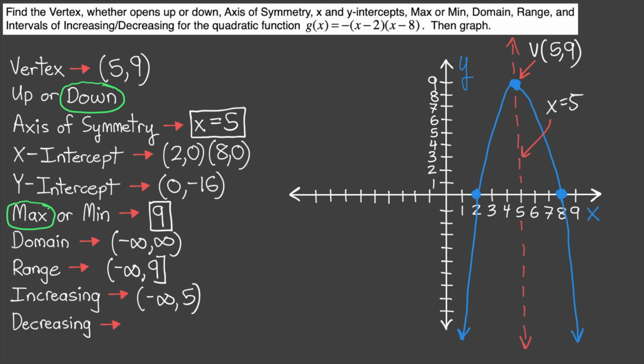And then it decreases starting at 5, and it goes down and to the right here forever. So it starts decreasing at 5 and continues to decrease for all x values to the right. So from 5 to infinity, it decreases. All right, so we've answered all the questions they've asked, and we've graphed our function here.